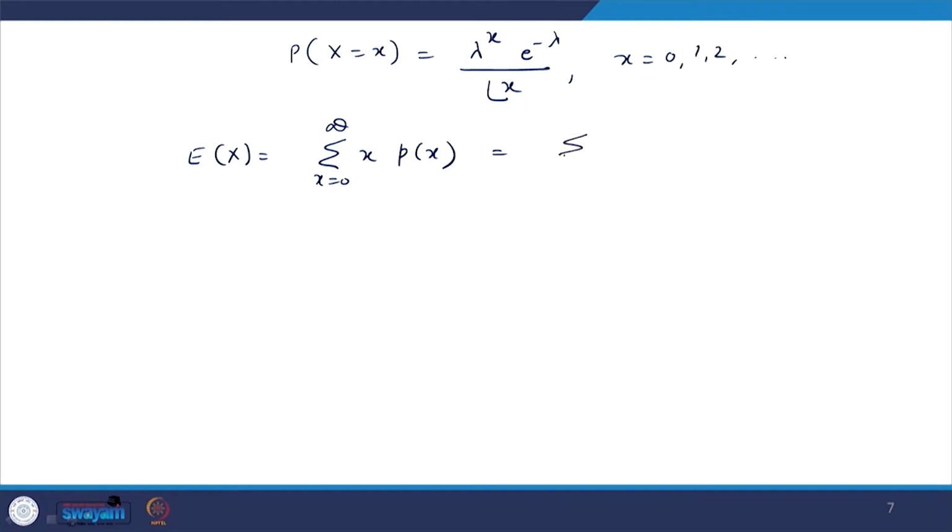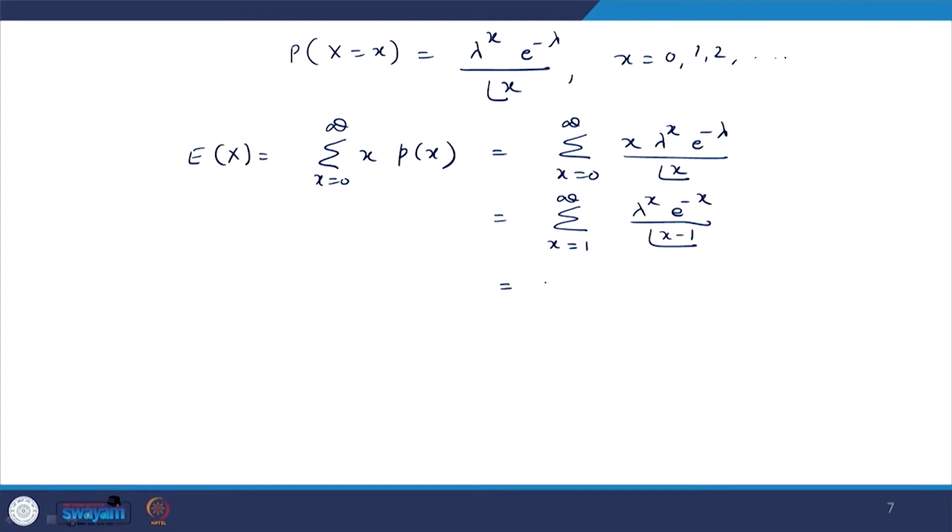So, it is summation x from 0 to infinity of x lambda raised to power x e raised to power minus lambda upon factorial x. That will be summation of lambda raised to power x e raised to power minus lambda upon factorial x minus 1, of course with x from 1 to infinity now, because for 0 it is obviously 0.